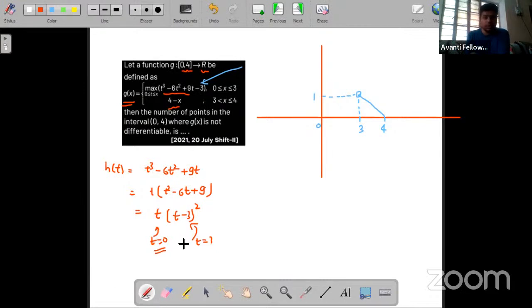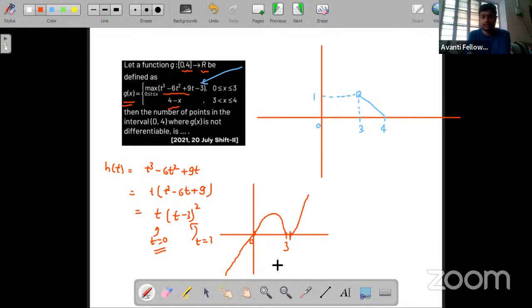Okay, so if I draw only this graph, what will happen? Okay, so this is my t equals 0, this is my t equals 3. Now as x tends to minus infinity, clearly this is the dominating term. So from minus infinity, we'll start like this, and then we'll cut at t equals 0. Okay, then at t equals 3, we have to touch. So the graph will look like this.